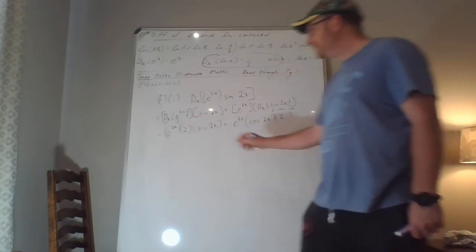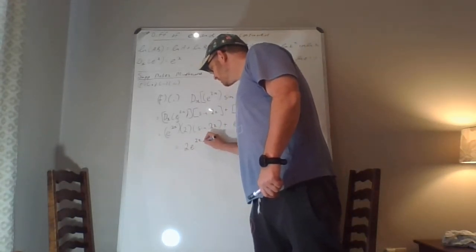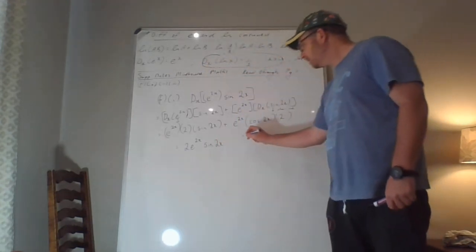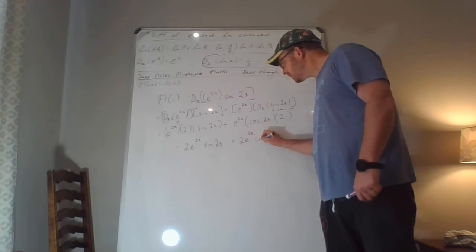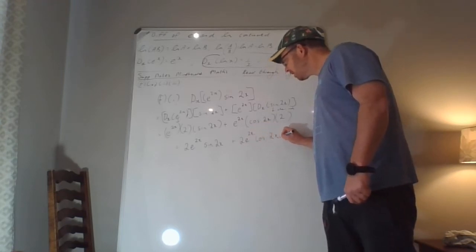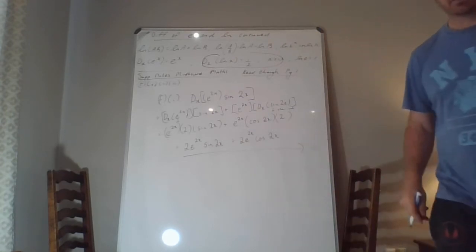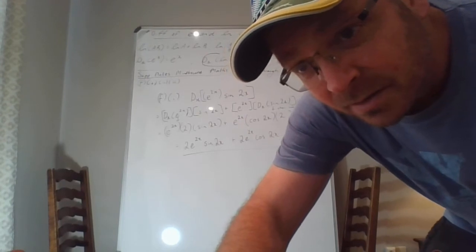If we make that prettier, I get 2e to the 2x sine 2x plus 2e to the 2x cos 2x. Good. Get that done.